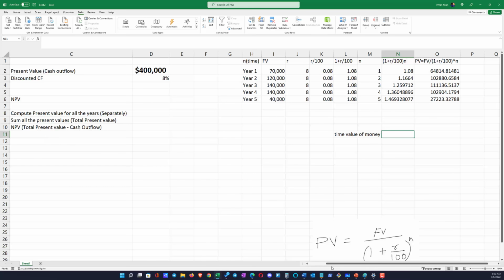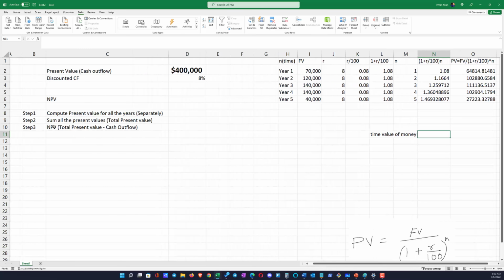So here, we said step 1: compute present values for all these years separately. We computed present values for all these years separately, done, right? So in step 2, sum all the present values. I'm going to use the function SUM.